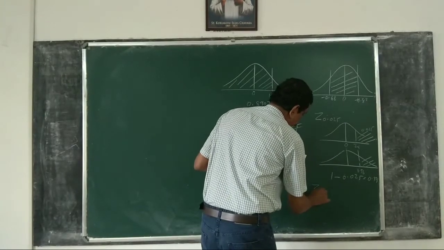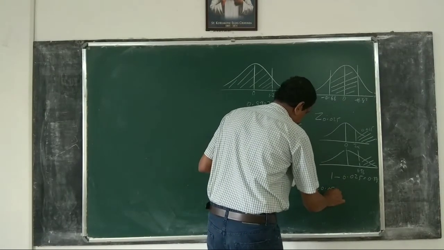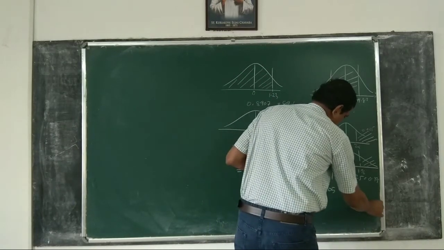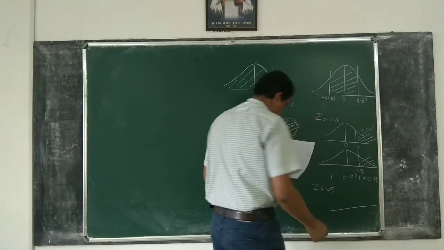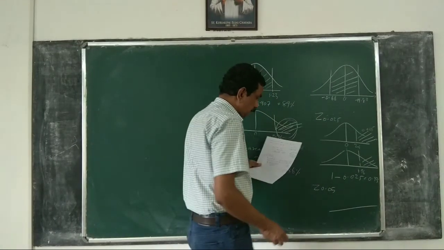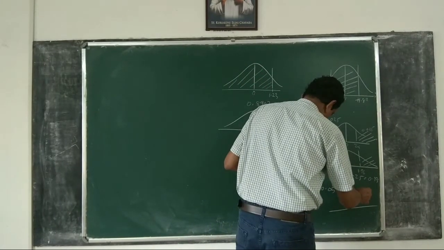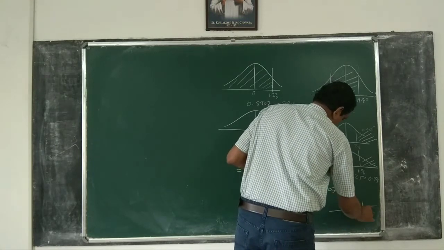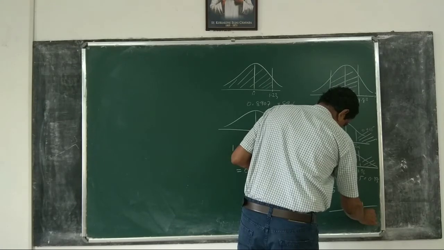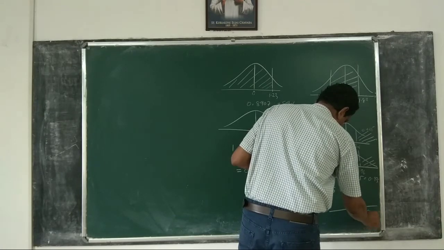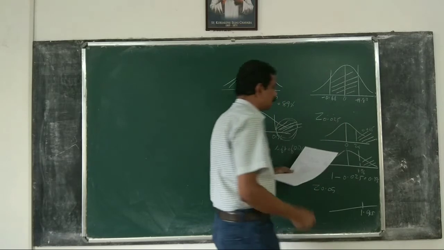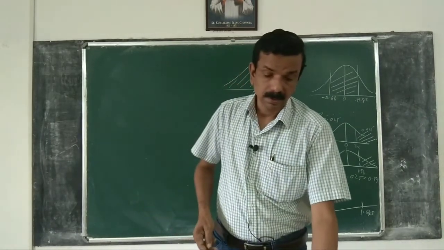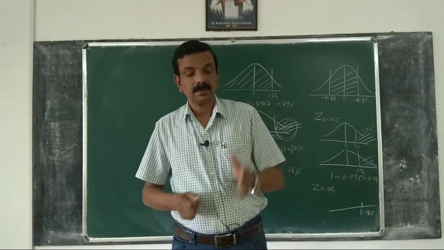Then Z 0.05. The area can be calculated as 1 minus 0.05, that is 95%, the Z value is 1.645, like that.